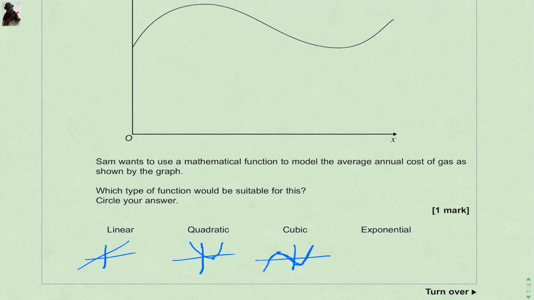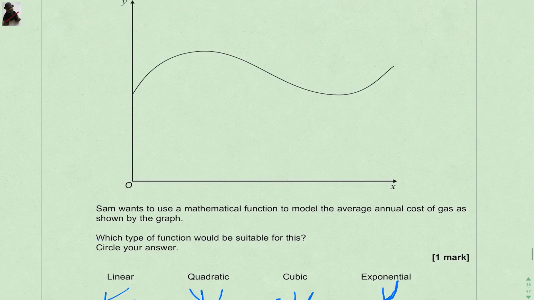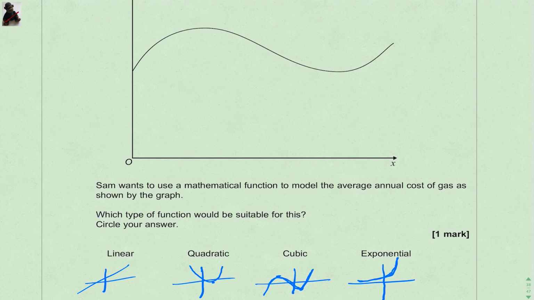Cubic has a minimum of two turning points. An exponential function is basically a function that just grows exponentially. So we can check which one is similar to the graph above. You can see it's cubic. So therefore, we circle our answer to be cubic.